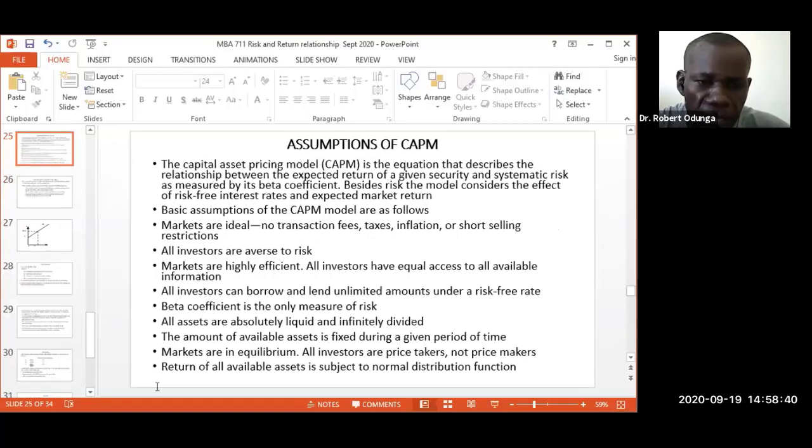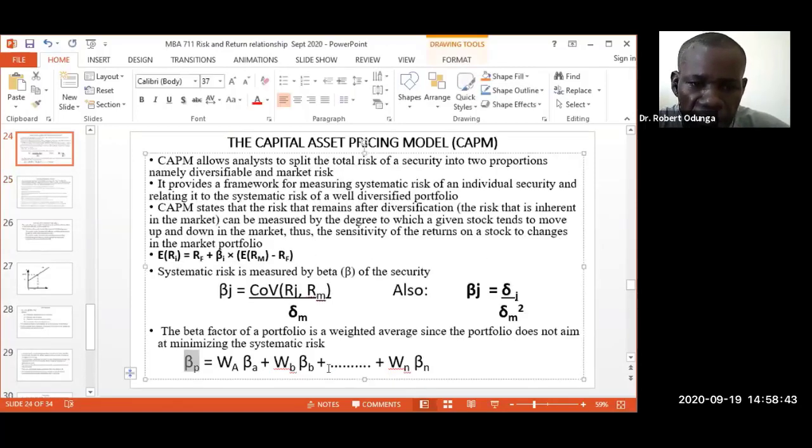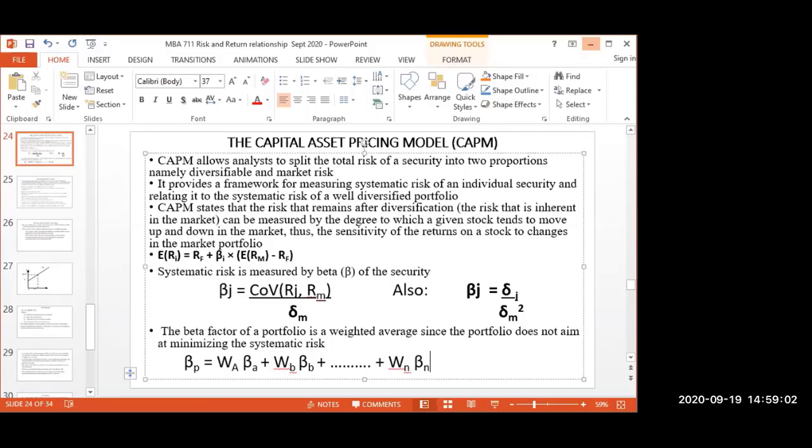There is this formula. The beta of portfolio is given as this: weight of A, beta of A, plus weight of B, beta of B, plus weight of C, beta of C. So the same applies here. It's not like what you were doing the other time.